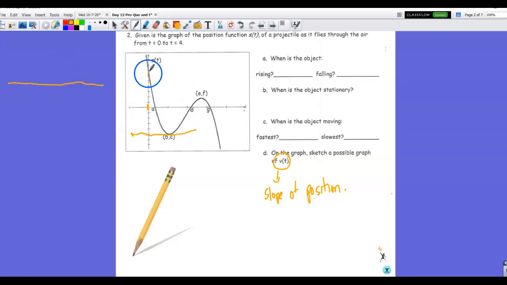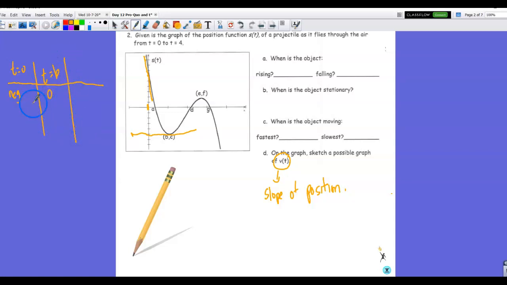And when I go up here, the slope at t equal to 0, if I draw that tangent line, it's very steep and it's negative. So at t equal to 0, the slope is negative. And as we move towards t equal to b, at t equal to b, the slope is 0.